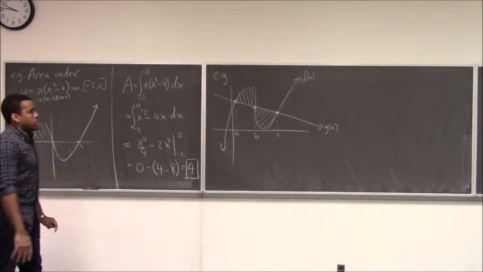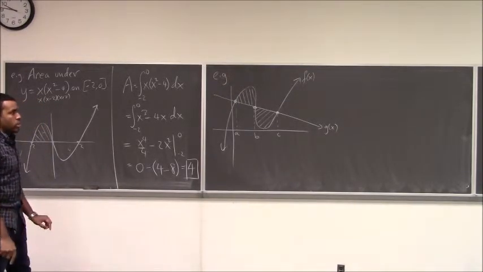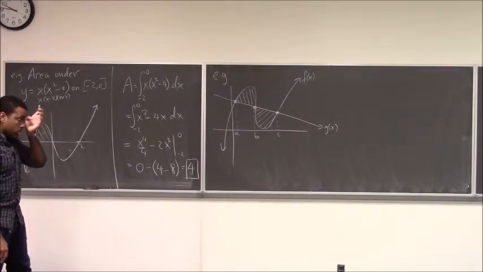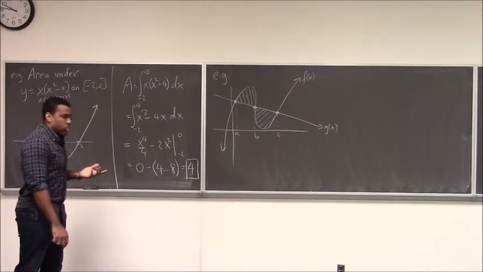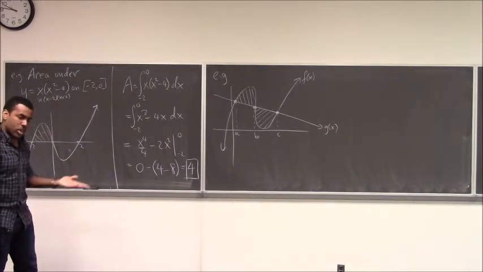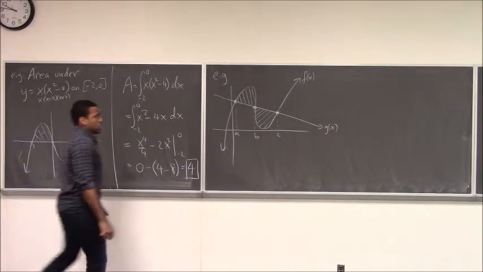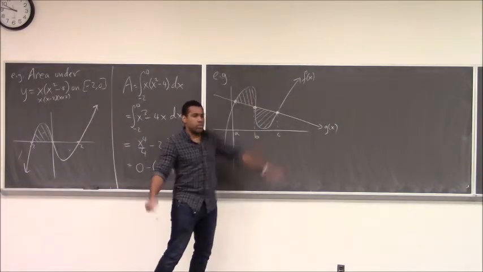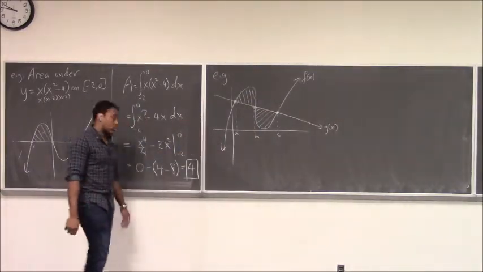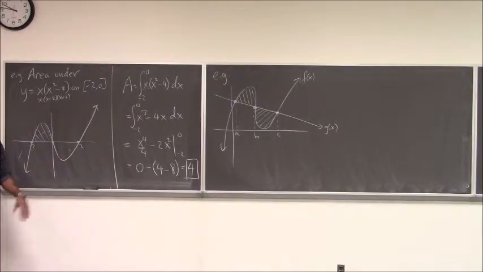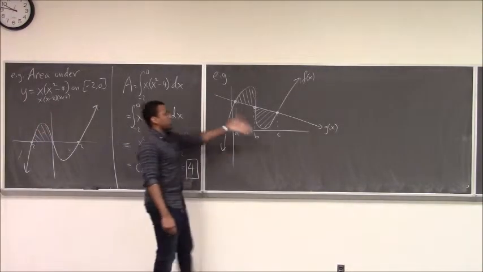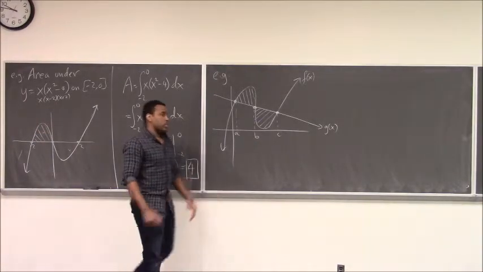In general, there are cases in Cal 2 where you have to actually find regions like this, and they won't really give you any of the information, so you'd have to figure out how to put all the information together. They'll just tell you about one function, f of x, and you'd probably be able to sketch a quick drawing of it. And they'll tell you about another function, g of x, and say, find the area between these curves.